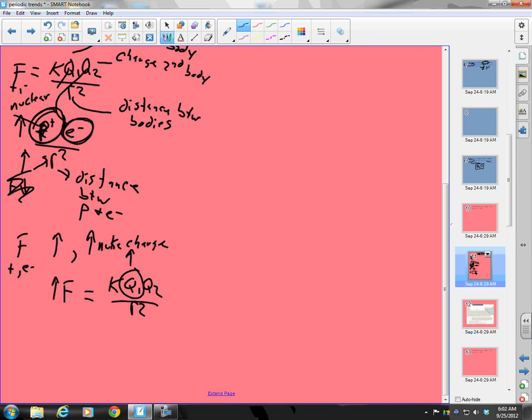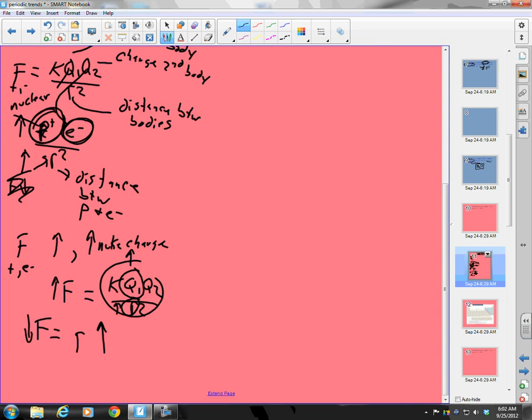What else? Well, what happens if my distance increases? My denominator gets bigger, which means my whole number gets smaller, which means my force goes down.